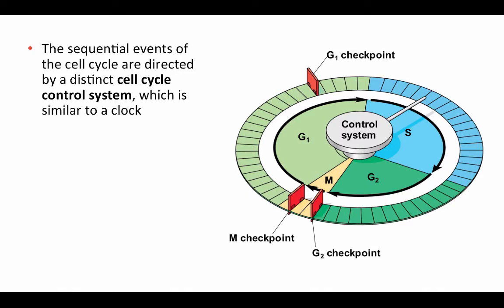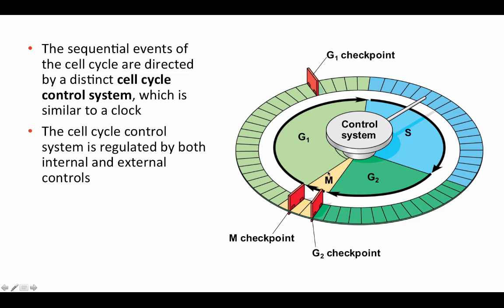So we know that there's some kind of signal that's present in the cytoplasm that's triggering these events. The sequential events of the cell cycle are directed by a distinct cell cycle control system, which we can think of as similar to a clock. Periodic cycling of these different phases. But it's a clock that can be adjusted at different points along the way. So here's a diagram going from G1 through synthesis, through G2, through mitosis.